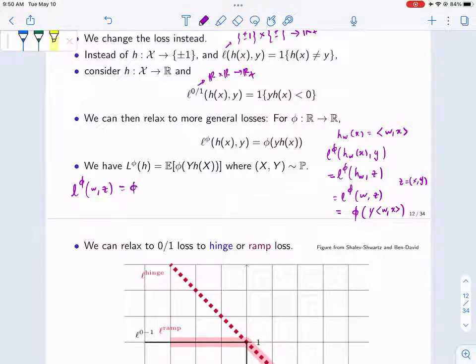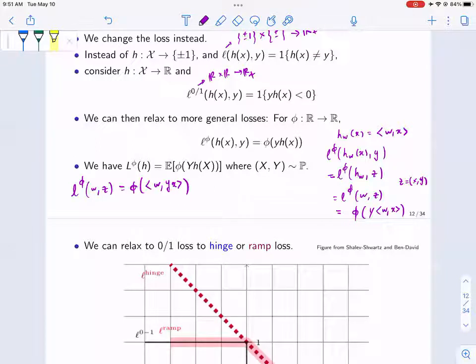So basically we'll have L phi of, you'll see I write something like that. This would be phi of w, y x. These are all the notations that we use. The function h is basically equivalent to this w. And then instead of having h of x and y, we can think of the loss as between a function and the entire x-y pair, which is z.